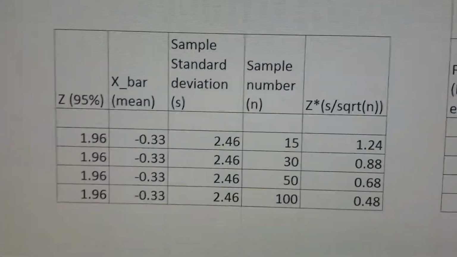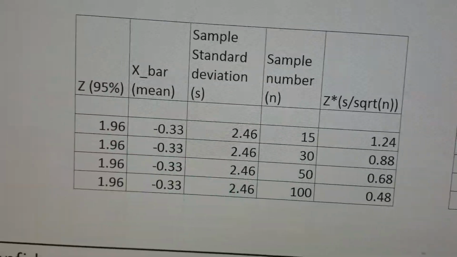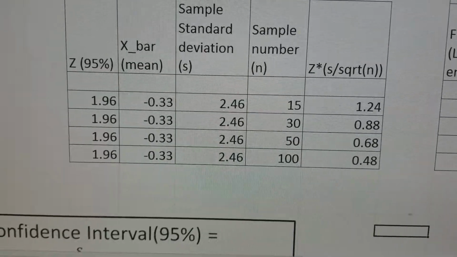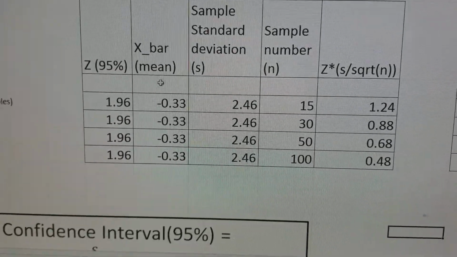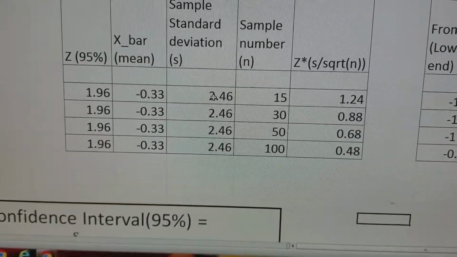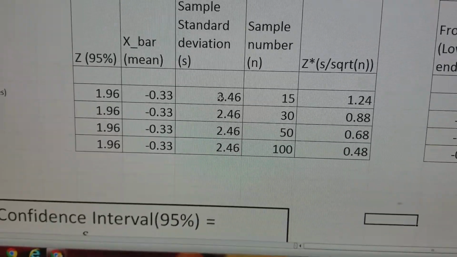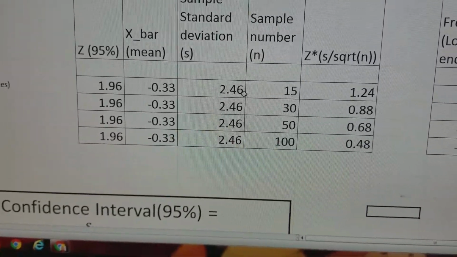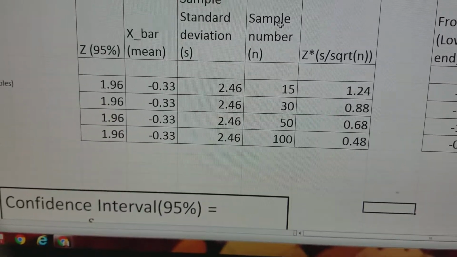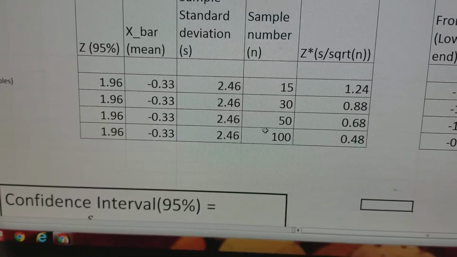Again, we're going to use the same z-value, 1.96. My x bar is going to be the same, the mean, negative 0.33. My sample standard deviation is going to be the same, 2.46. The only thing that's going to change over here is my sample number, 15.